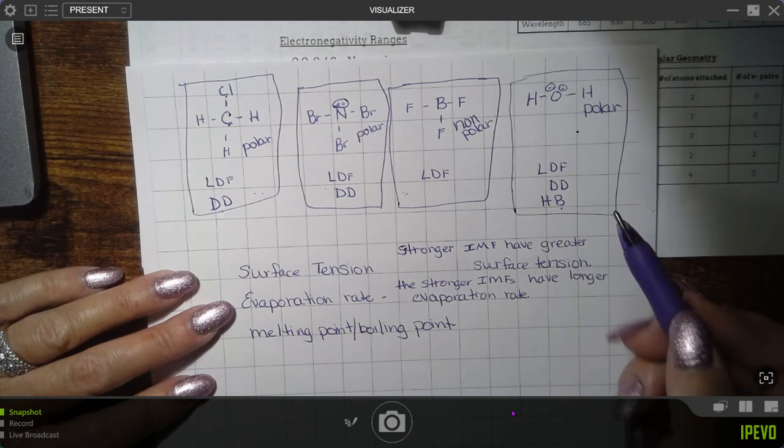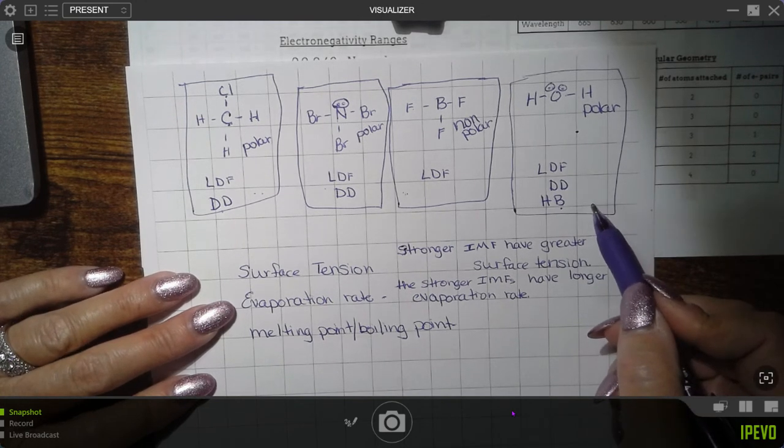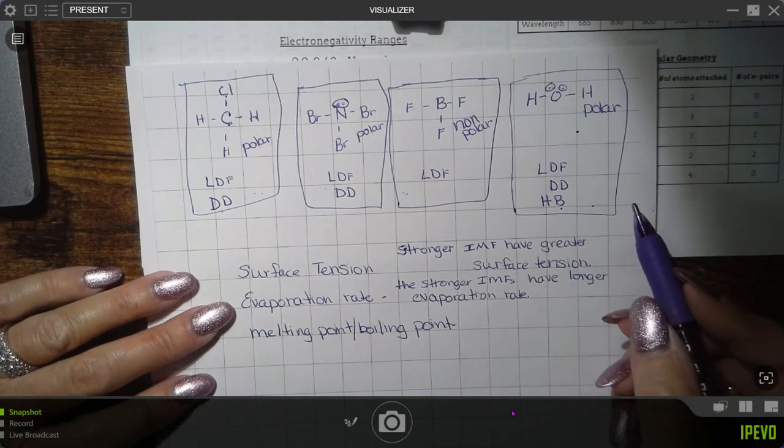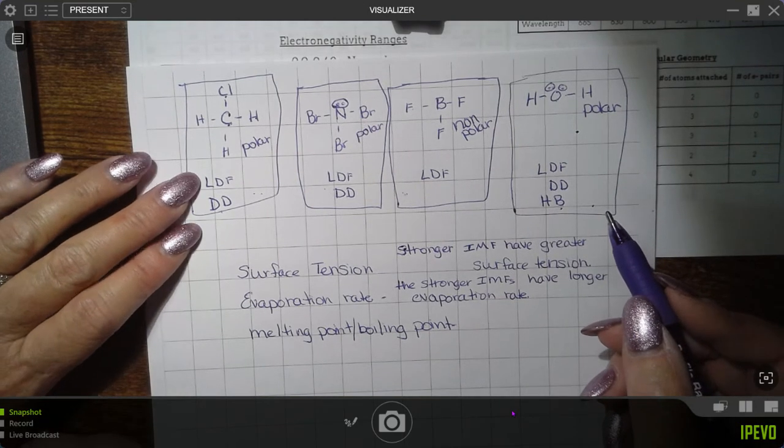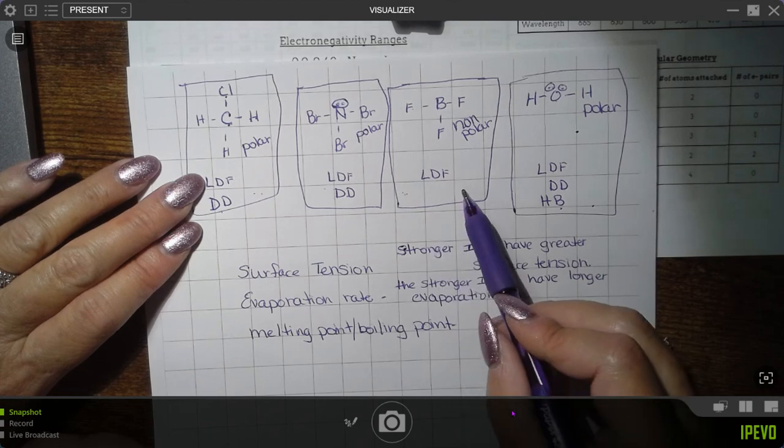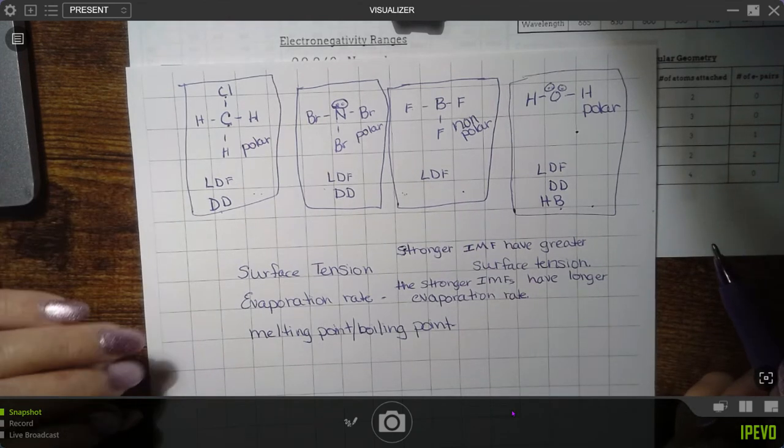So again, water would take the longest of these 4 compounds to evaporate. The nonpolar BF3 would have the quickest evaporation rate.